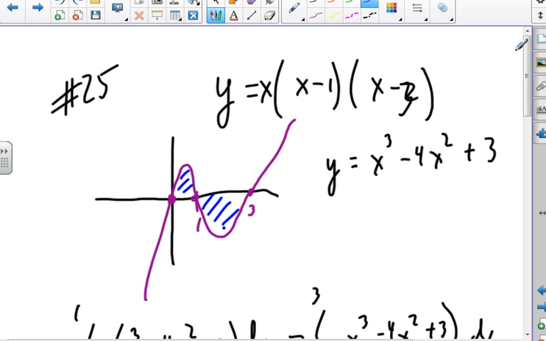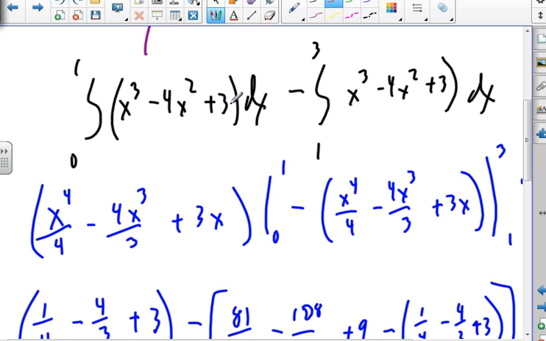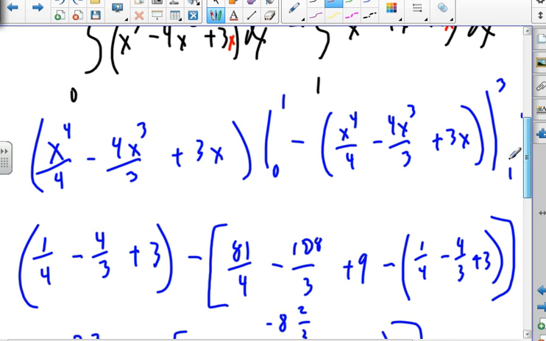It's 3x, gentlemen. Right there, 3x squared over 2, 3x squared over 2. That's what's wrong with our formula. So when I put in a 1, I get a 3 over 2.